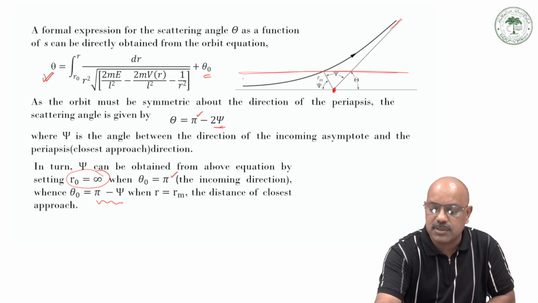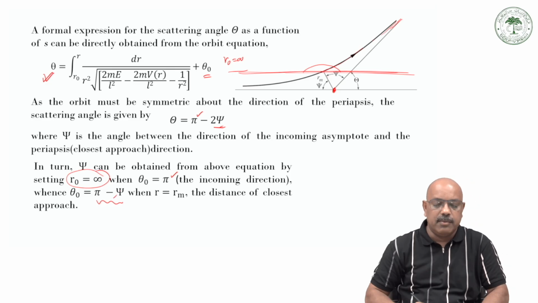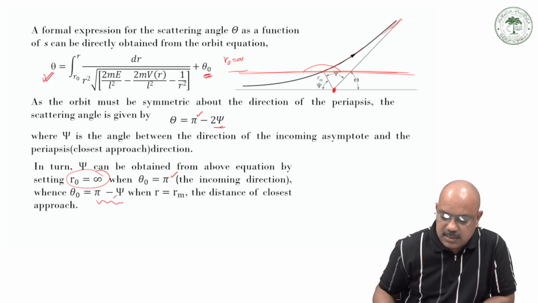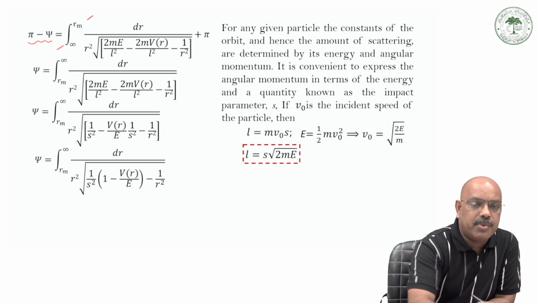Earlier it was going like this, coming from infinity, so it is pi, and then it is deflected, making an angle psi, so it is going to be pi minus psi at r equal to Rm. So the limit is from infinity to Rm, and this becomes pi minus psi.